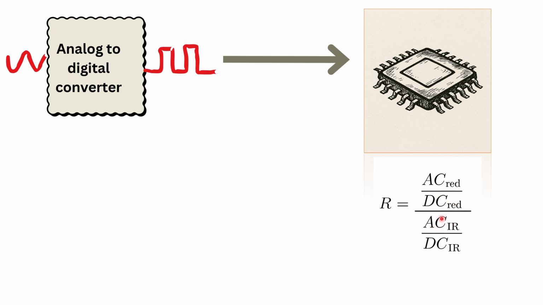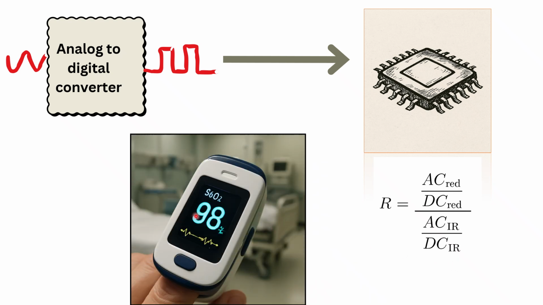This is the pulsatile component of the infrared wave, and this is the constant component of the infrared wave. So a ratio of ratios is calculated. This is then applied to a specific algorithm to derive the number that we see on the screen. So this is how the number appears on the screen, from the light to the number.